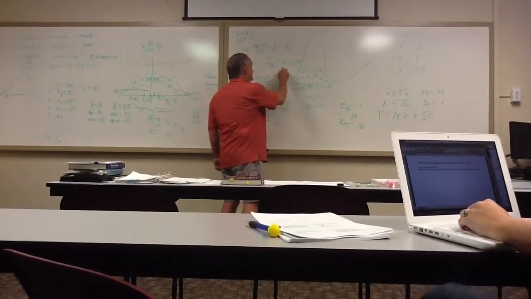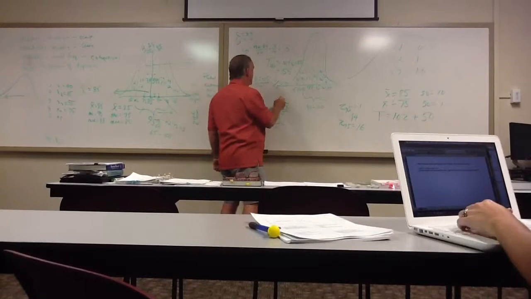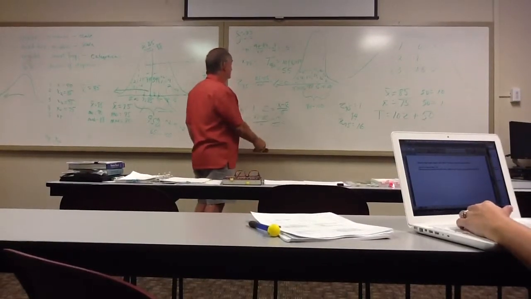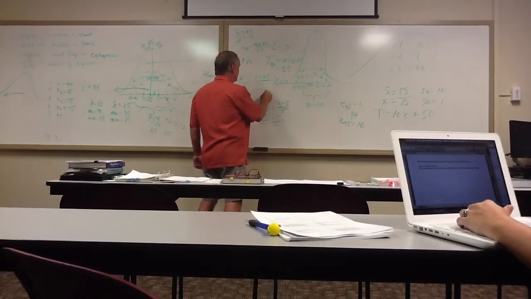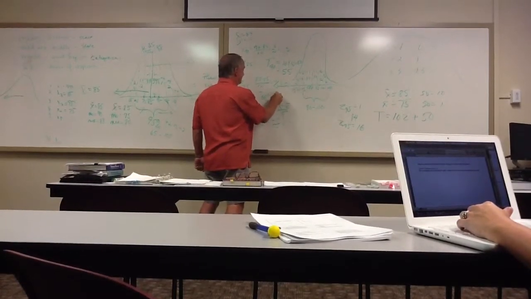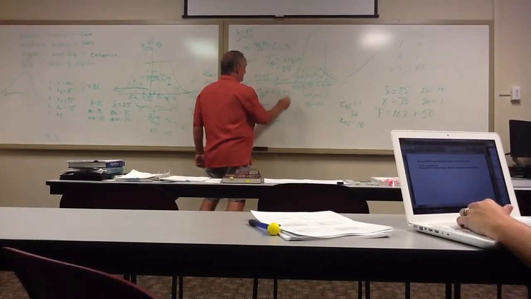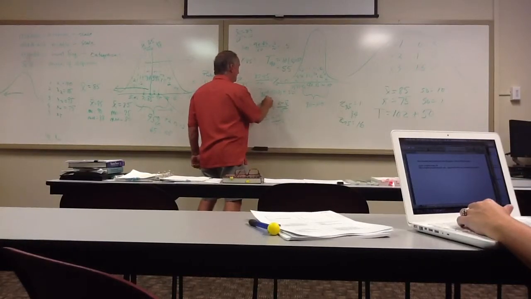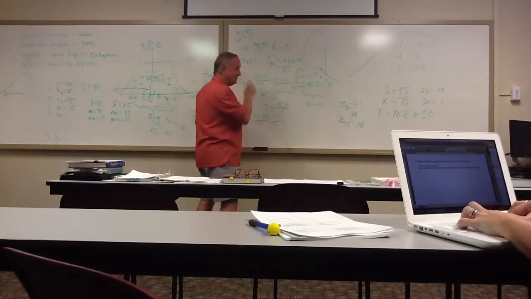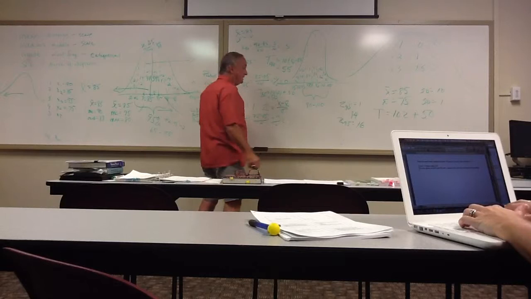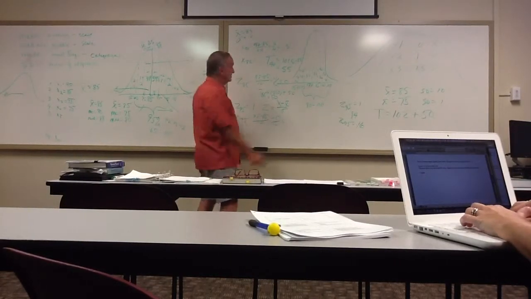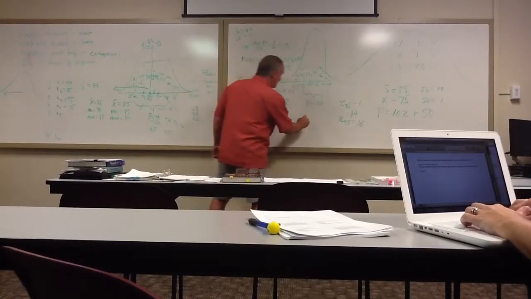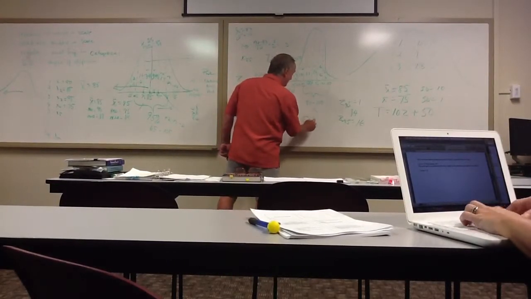So the t-score for 85 is 50. So what's going to be your average t-score in any set of t-scores? 50. So in t-scores, you're looking at where I'm above or below 50.